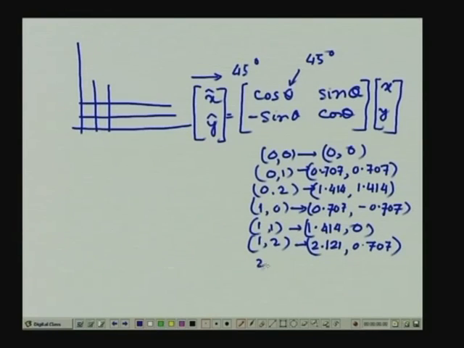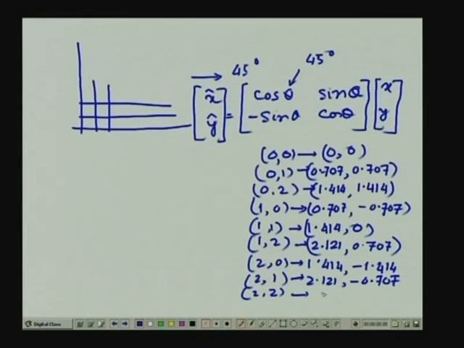Similarly, for the other coordinates, 2 0 will be transformed to 1.414 and minus 1.414. 2 1 will be transformed to 2.121 and minus 0.707, and 2 2 will be transformed to 2.828 and 0. So, these are the various transformed locations of the pixels in the rotated image.